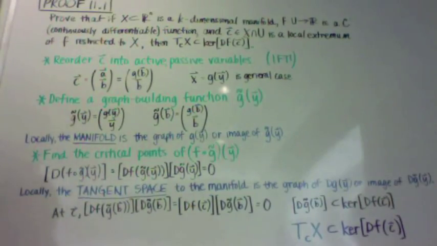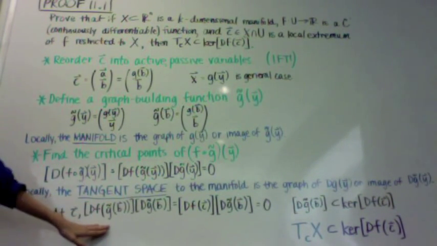At the point C, which we are told is a local extremum of f restricted to x, we know that since it's a local extremum, the partial derivative is equal to 0.